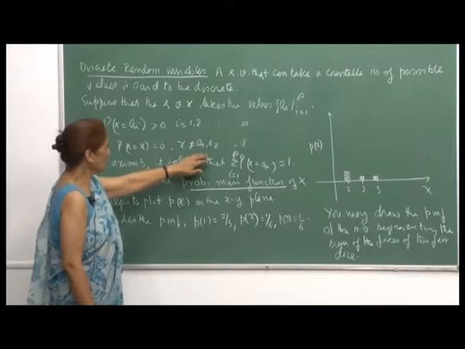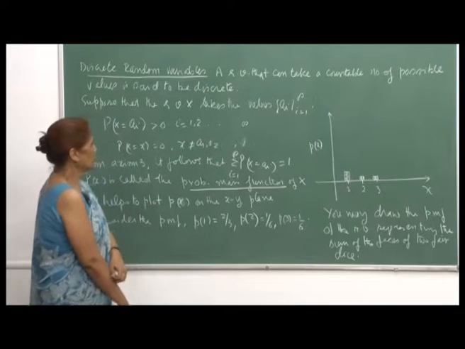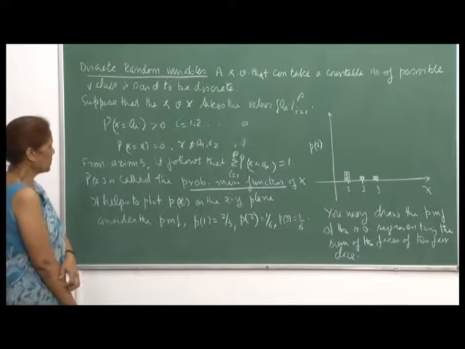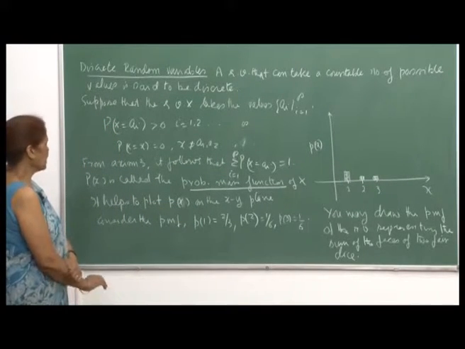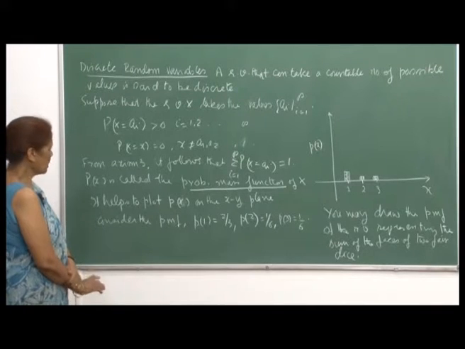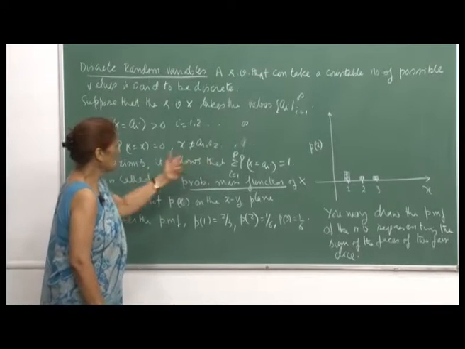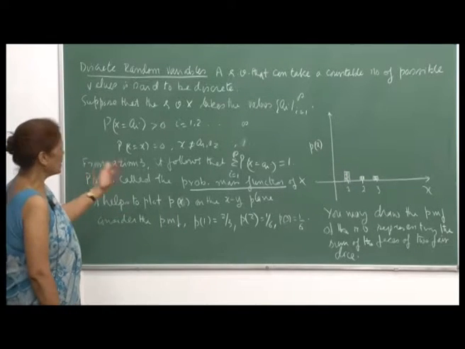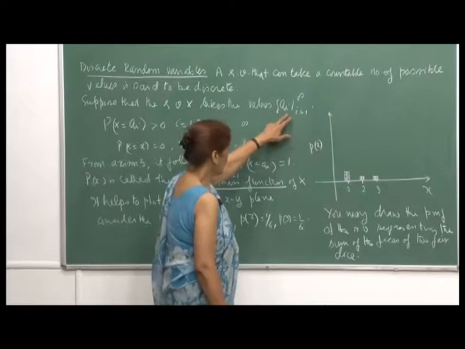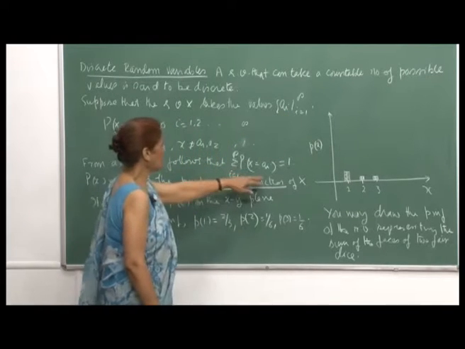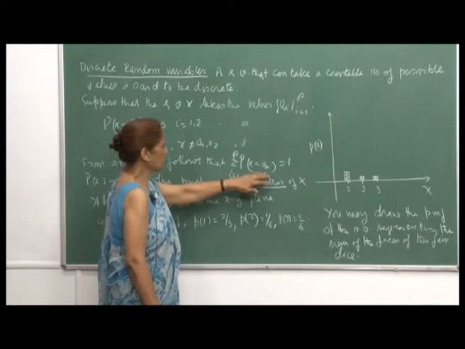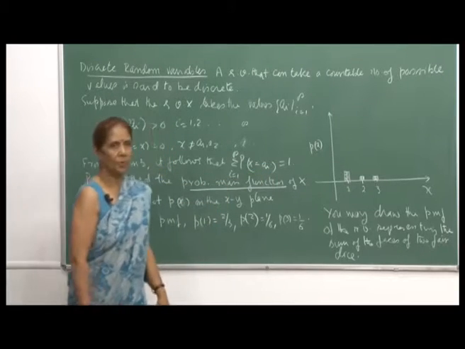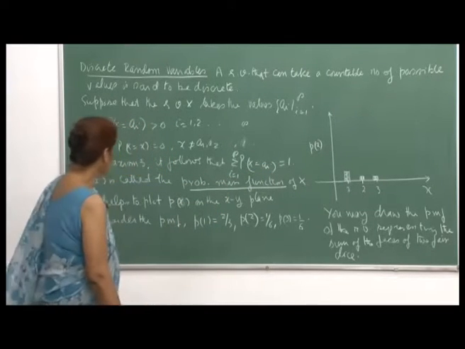For all other values of x, not equal to a1, a2 and so on, the probability is 0. From axiom 3, since X must take one of the values a_i, when you add up the probabilities from 1 to infinity, they must add up to 1.